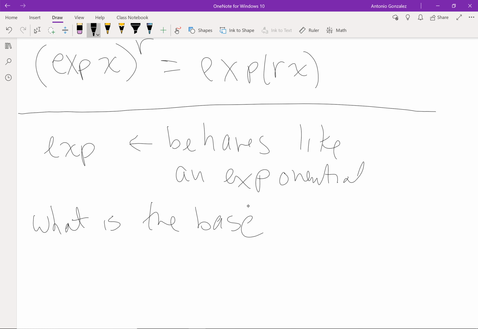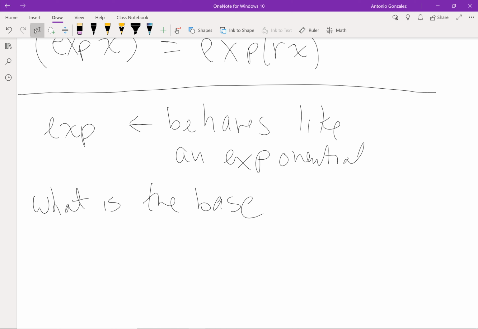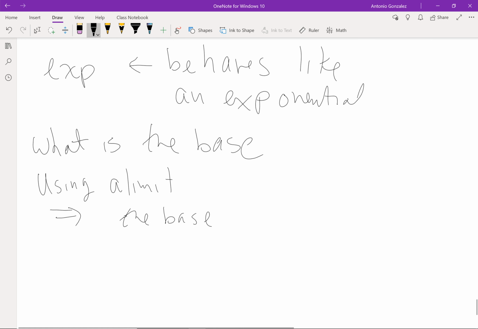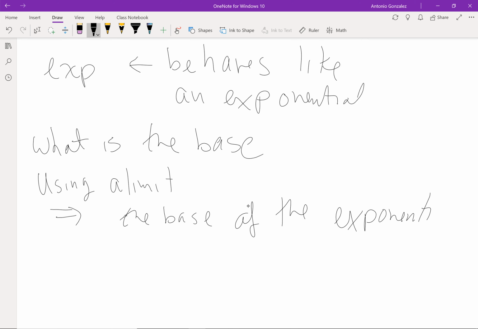As it turns out, using a limit, which we'll do in a later section to actually determine the value, we come to the conclusion that the base of the exponential is this number e.